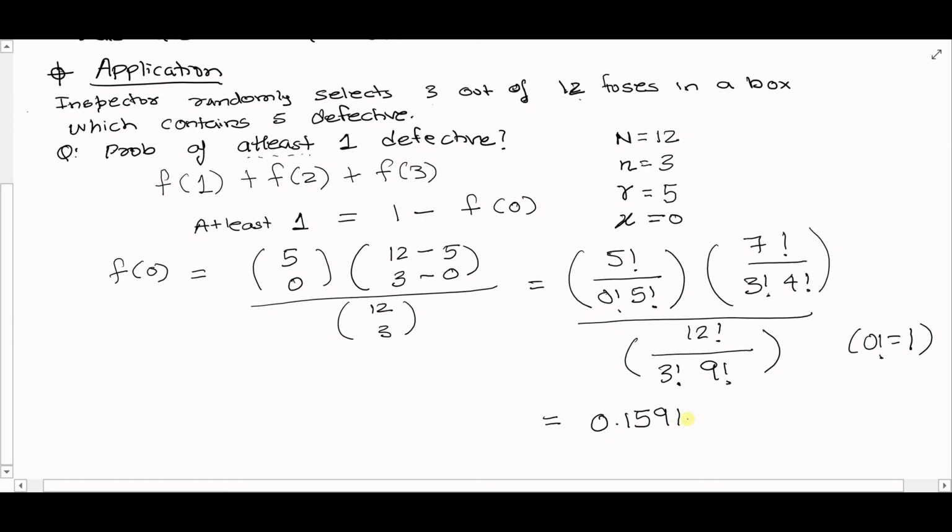Now keep in mind, this is not the answer. This is not the answer. The answer of the probability of at least one defective is 1 minus the probability of 0, and that's 1 minus 0.1591.